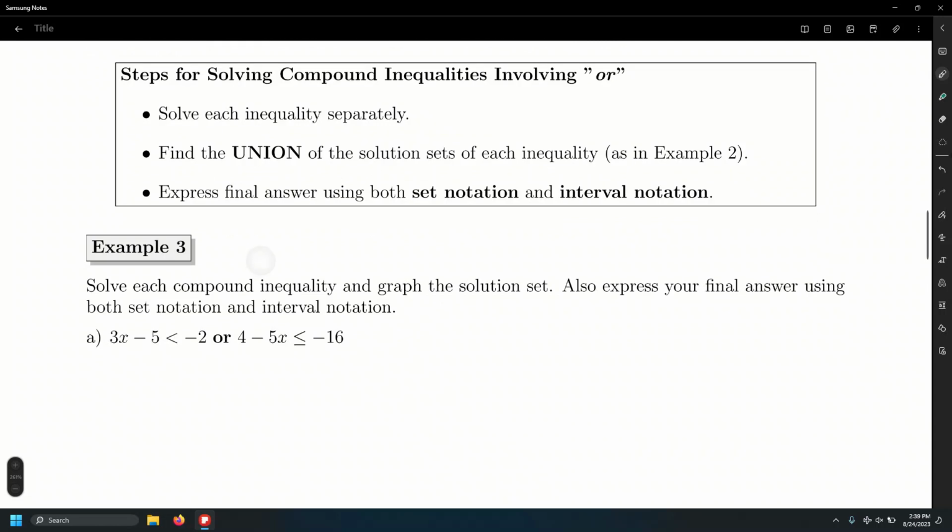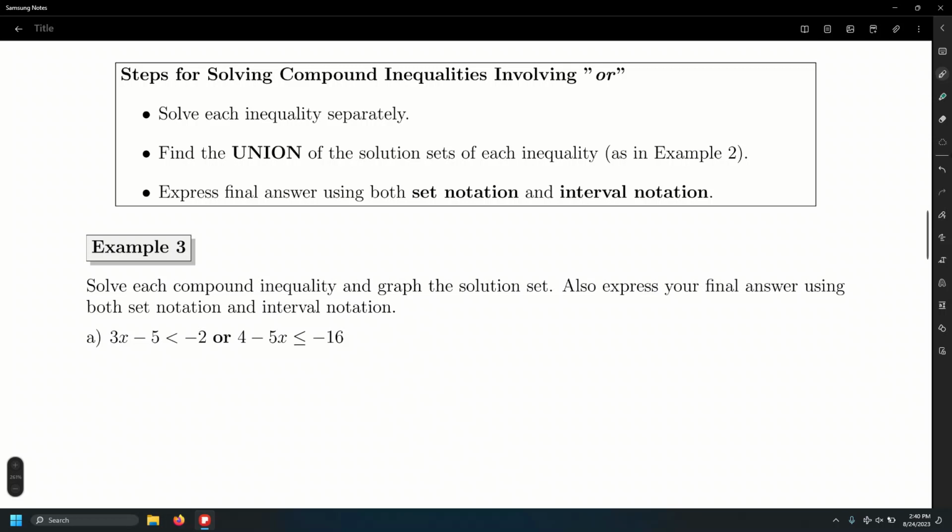Let's solve inequalities. And here I have the essential steps we follow in order to solve inequalities involving the or. Okay, so number one, solve each inequality separately. Well, the same way we did it here. See how we solve an inequality here? We're going to repeat the process there.